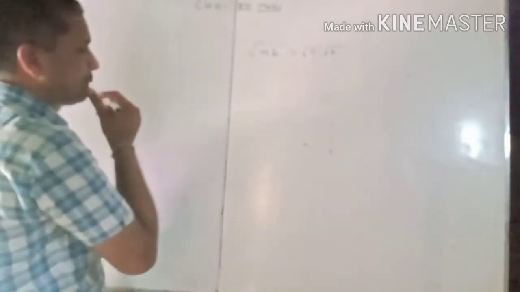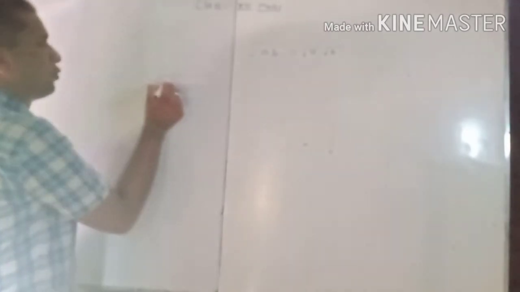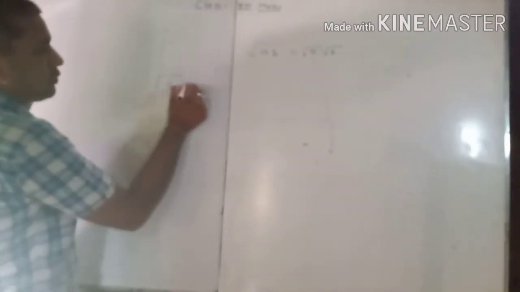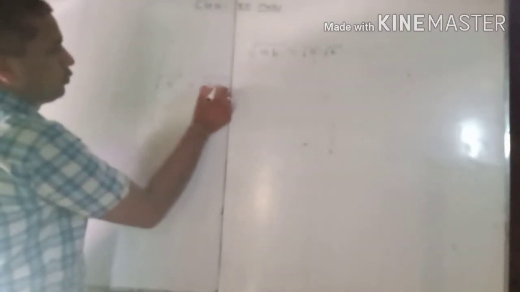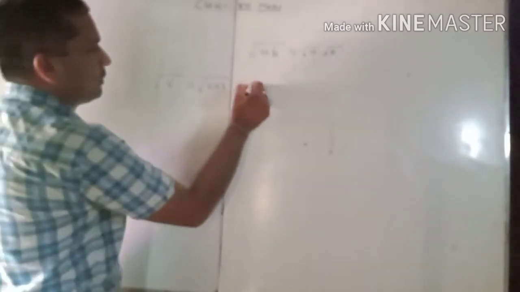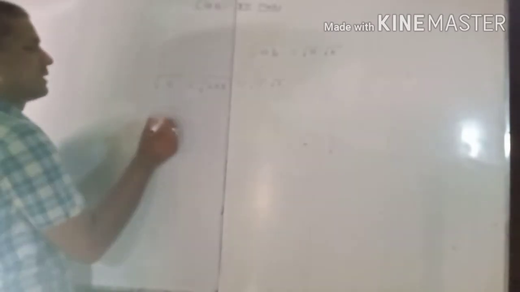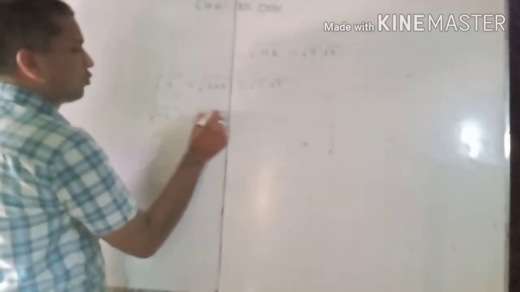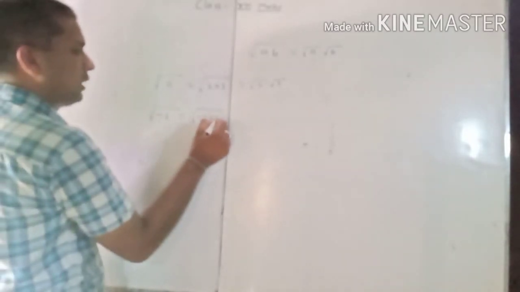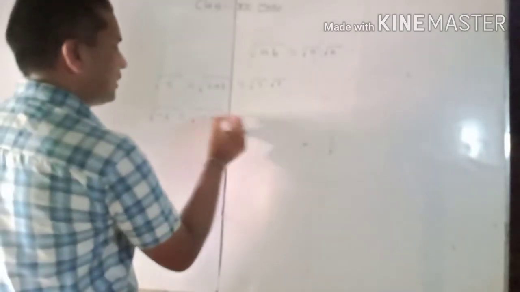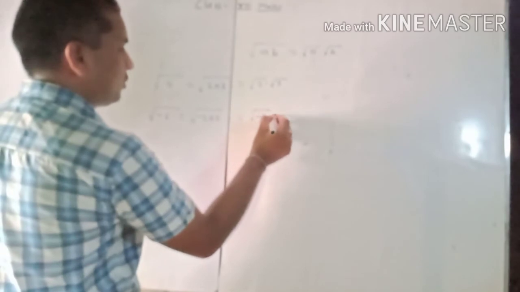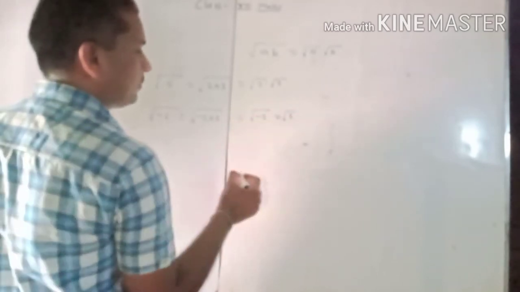Let us take an example. Suppose root 6. Root 6 means 2 into 3, which means root 2 into root 3. No problem. Root over minus 6 means root over minus 2 into 3, which means root over minus 2 into root over 3.